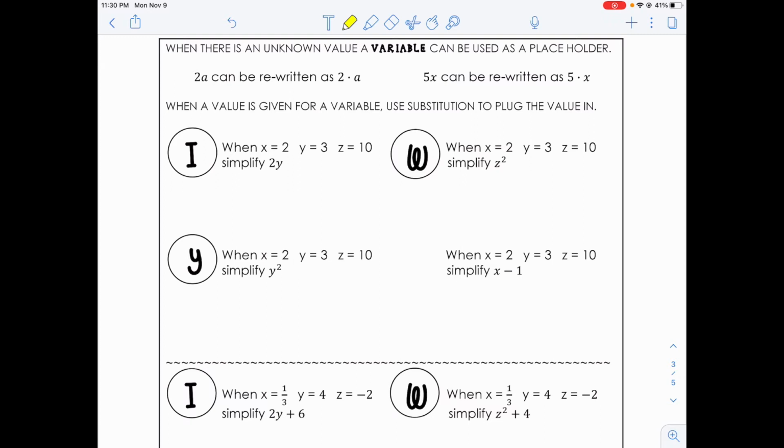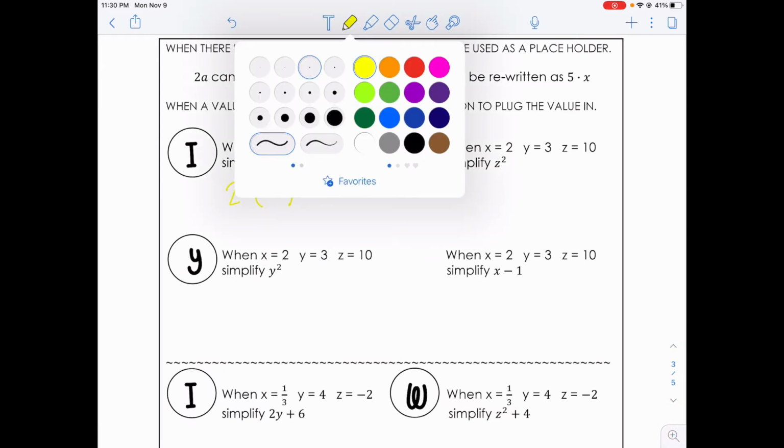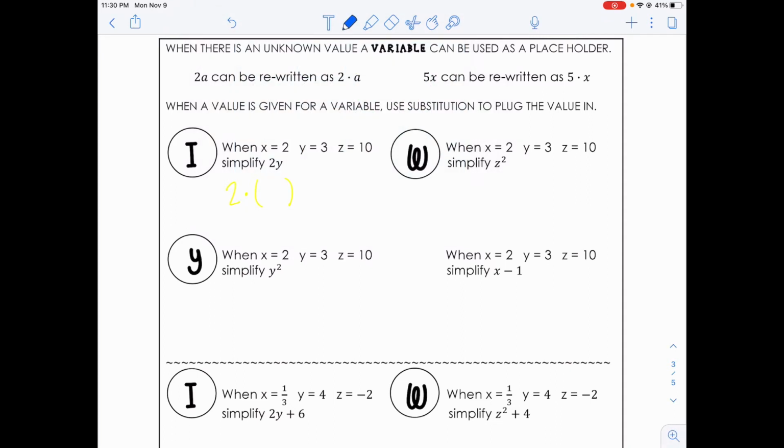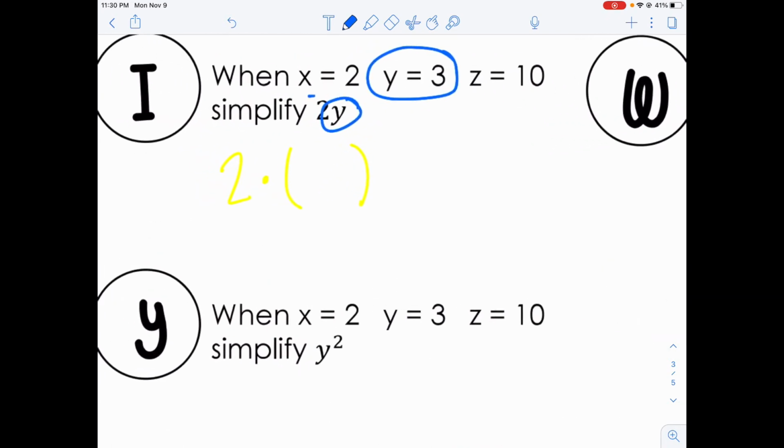So our first one says 2y. Remember, that is written as 2 times, and then instead of y, I'm going to put a parentheses, and I'm going to plug in the number that y represents. Looking up at the top, they say x is 2, y is 3, z is 10. Because this asks for y, I need to be using the value for y. So you'll notice that I kept it inside of a parentheses.